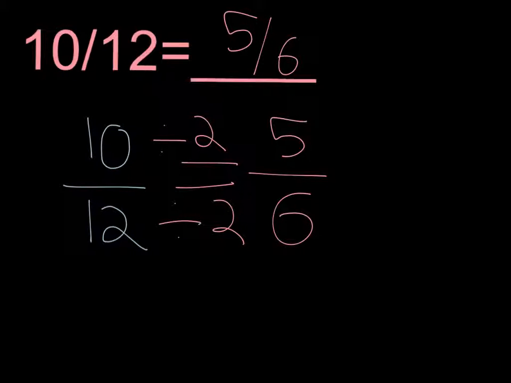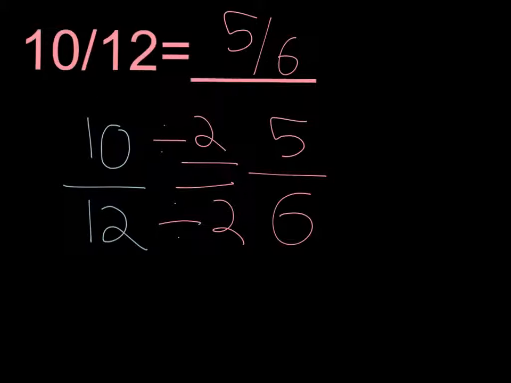I'm going to do a larger fraction so we can get the point that a fraction does not always need to be divided by 2 to get an equivalent fraction. Let's find a fraction that would be good. Here.